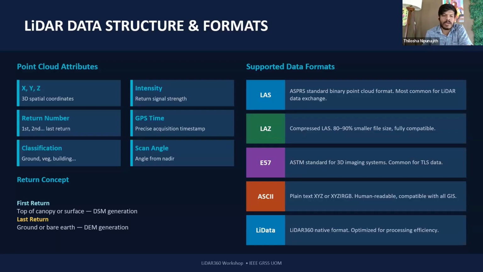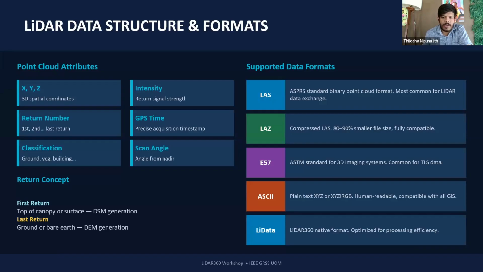And also when it comes to mounting these LiDAR scanners, we need to know our scan angles and things like that, because it tells us how far we can be off from the vertical when it comes to hitting these lasers on the surface. So these are some of the terms that we use in LiDAR point cloud processing.